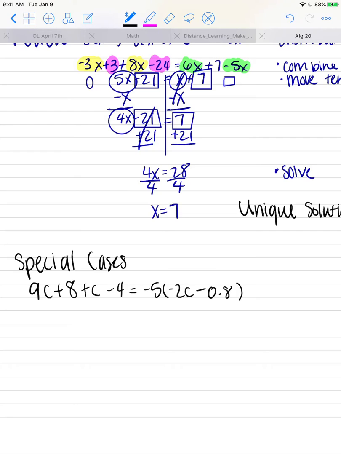Now, we would solve this just like we learned how to solve with equations on both sides. We're going to distribute. 9c plus 8 plus c minus 4 equals 10c plus 4.